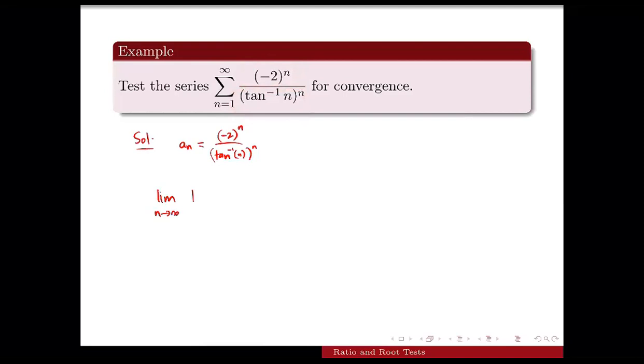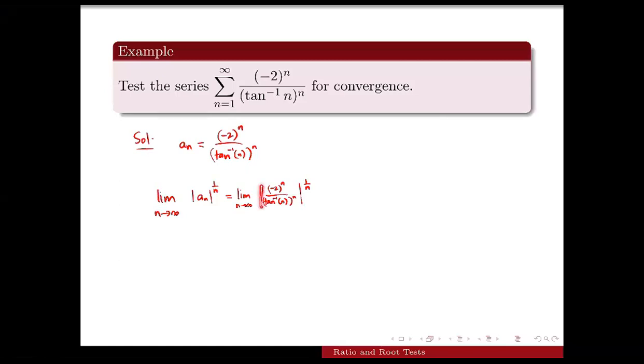So limit as n approaches plus infinity, absolute value of a sub n raised to 1 over n. So in here you will have the limit as n approaches plus infinity, absolute value of negative 2 to the n over arctan of n raised to n, all over everything raised to 1 over n.